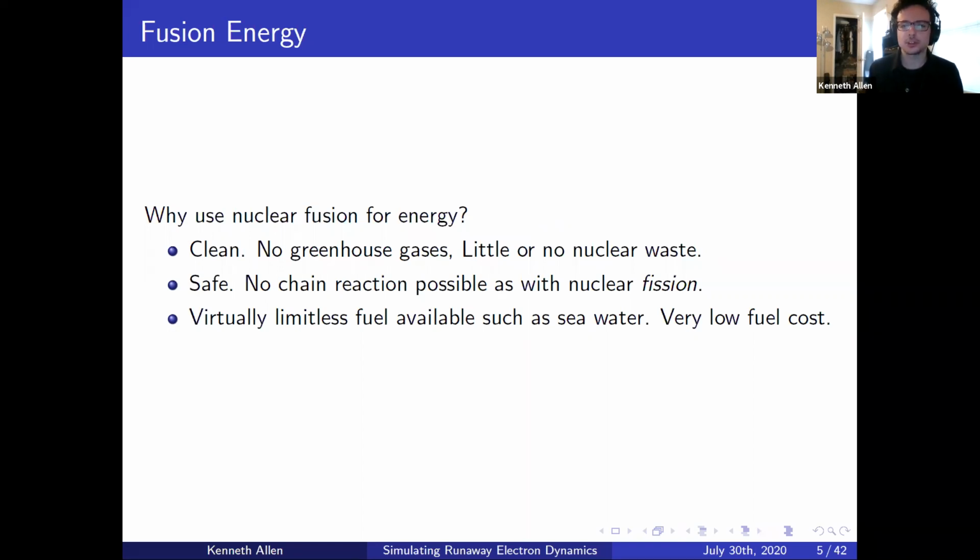And there's virtually limitless fuel available, such as seawater, and the cost is very low. The only con is that we haven't quite gotten to the point where we get more energy out of nuclear fusion than we put in. So there's still work to be done in order to get nuclear fusion to work in practice.